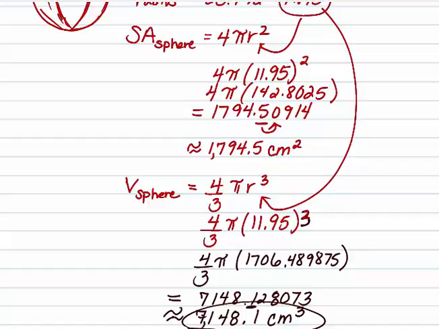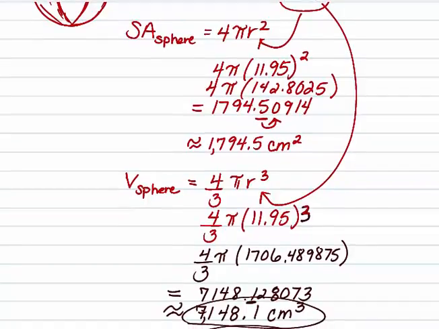But this time we're doing 11.95 to the third power, times pi times 4/3.